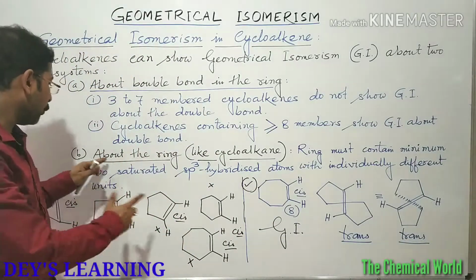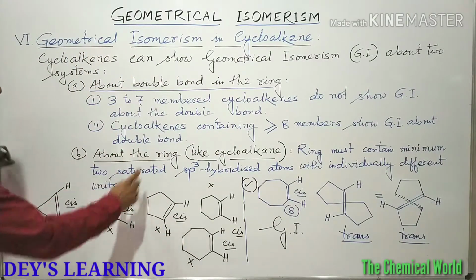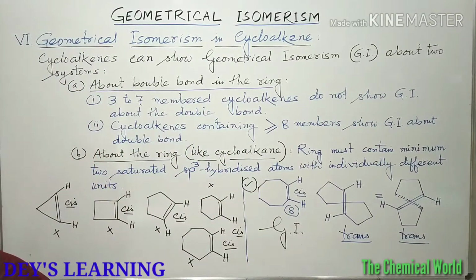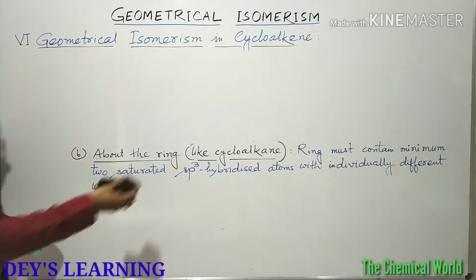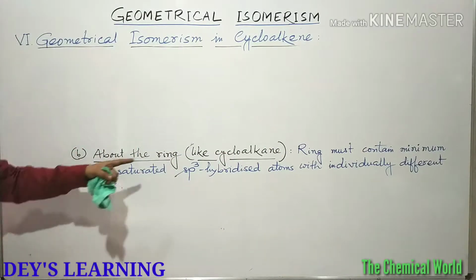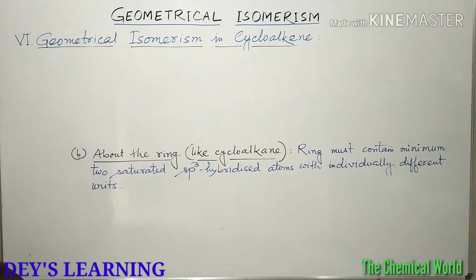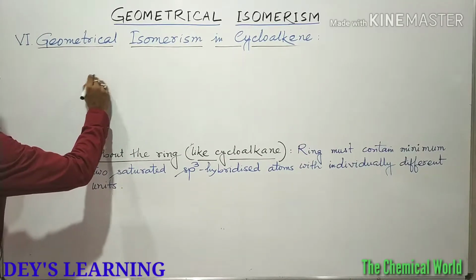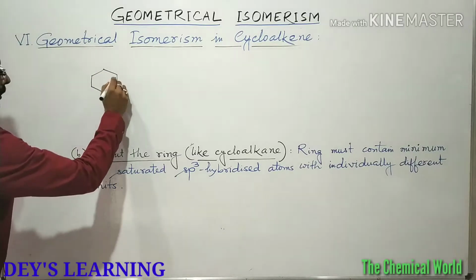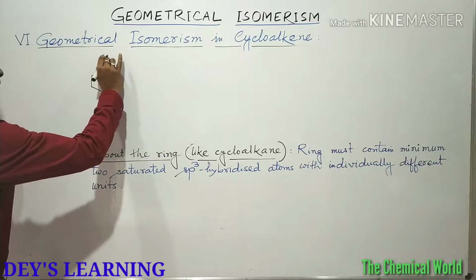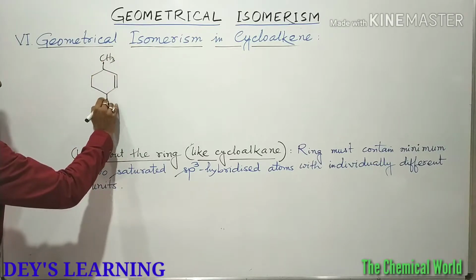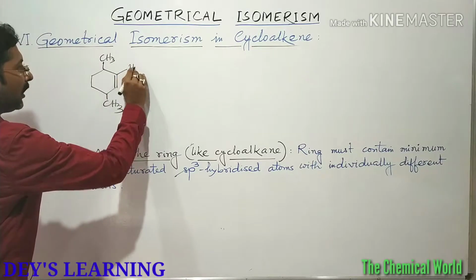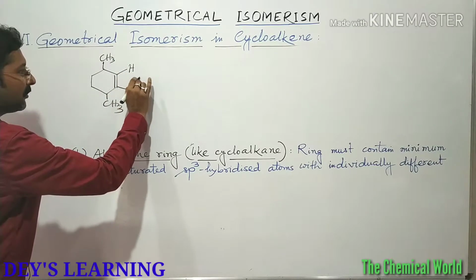Okay. Case number 2, about the substituent on the ring of the cycloalkene. Look at here carefully. If you have a compound like this, where this one is CH3 and this one is CH3, look at here, these two hydrogens are always cis.